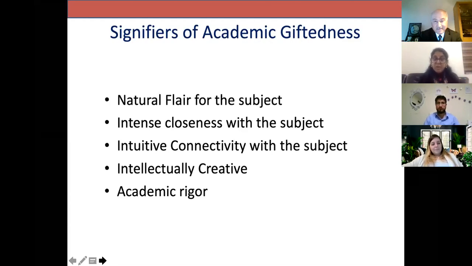So there can be a differentiation within these constructs, some constructs can be of high intensity and some can be low, but altogether they allow a child to think differently, to think more intensely, and to think out of the box, more advanced.